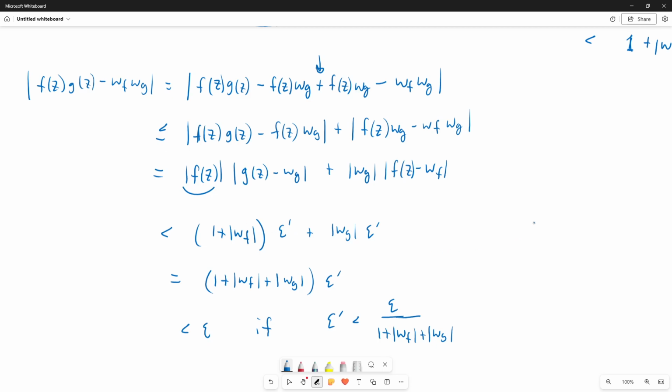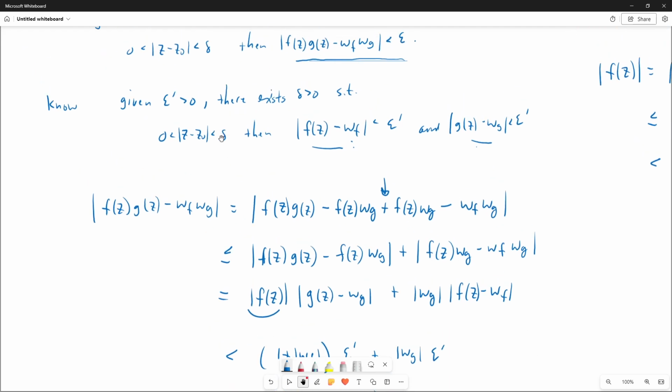So there we are. So if we choose delta such that these two conditions hold, and also we need this one to be less than 1 as well. So we can choose delta so that this difference is less than both epsilon prime and 1. Assuming epsilon prime is a tiny little number, then of course it's also less than 1 at the same time. But technically speaking, this has to be considered separately.